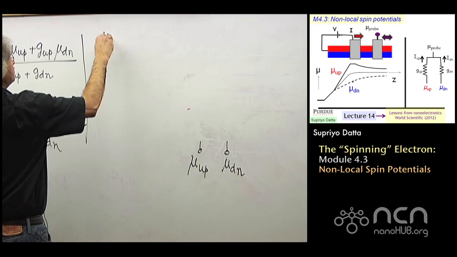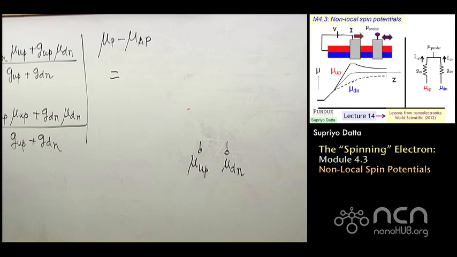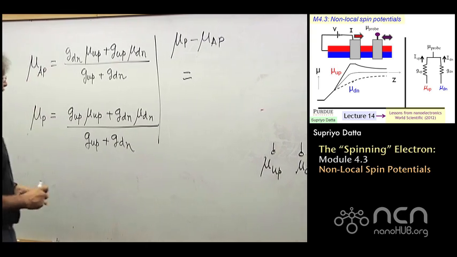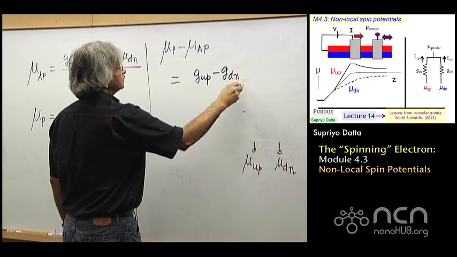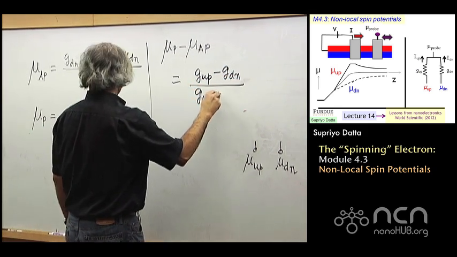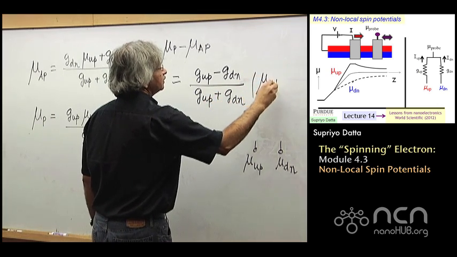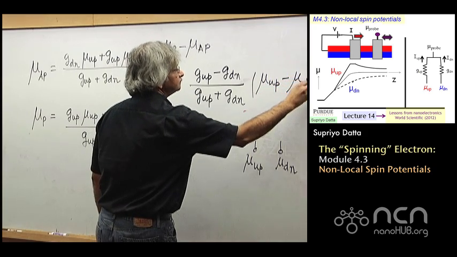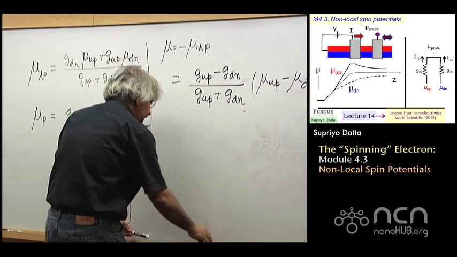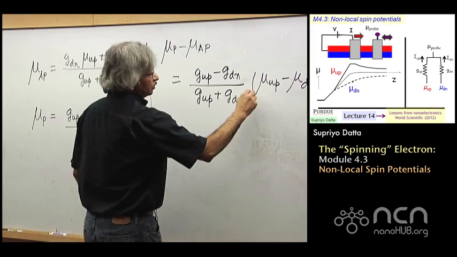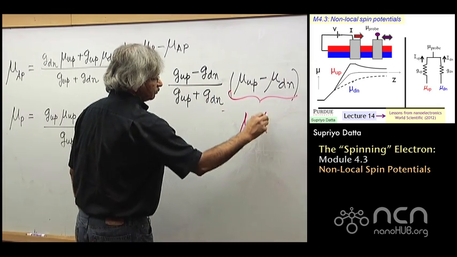So what you get then is mu P minus mu AP is equal to G up minus G down divided by G up plus G down times mu up minus mu down. See? And this is the basic result. And mu up minus mu down, of course, is just the spin potential at the location of the probe.